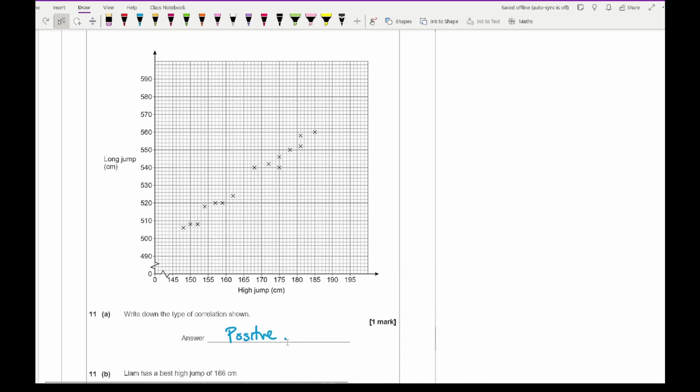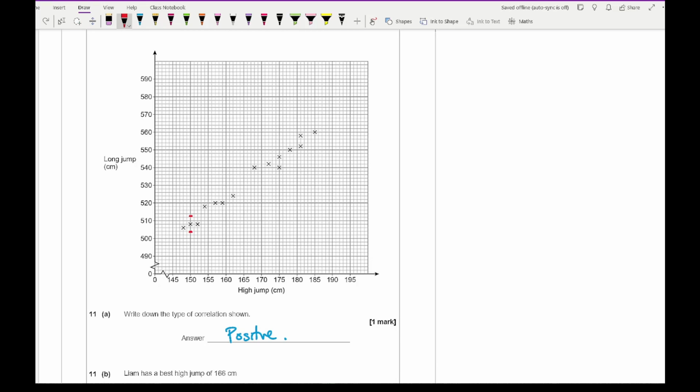Now, for this to be done correctly, your line of best fit needs to fall within a certain category. That category needs to be between 150 and 504, so that's going to be roughly about there, and a peak at 512, so that's going to be there.